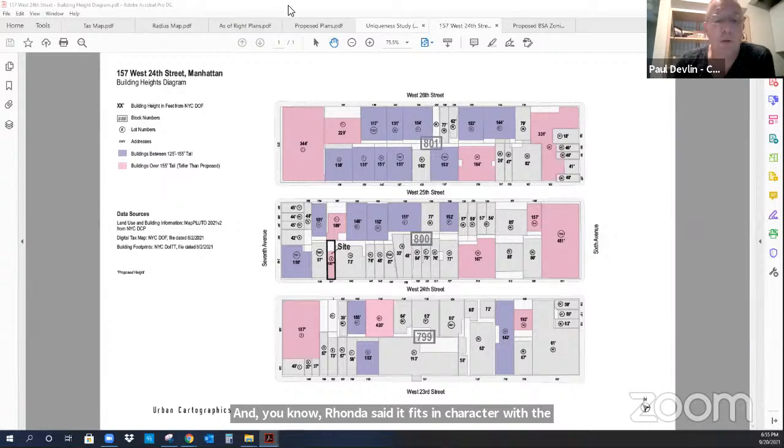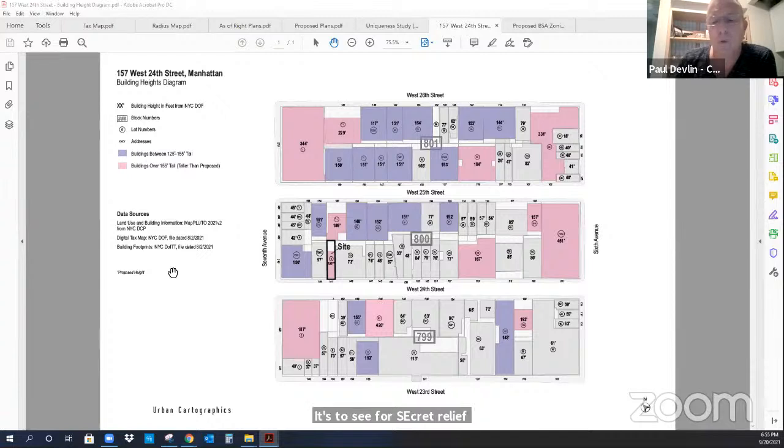If you look at that grid in front of us, the buildings on the block are significantly lower. The ones in pink that are higher are the hotels, and then the avenues are taller, which is something we have supported in the past. Under criteria number 5 of seeking a variance, it's to seek relief to offset what might not work.